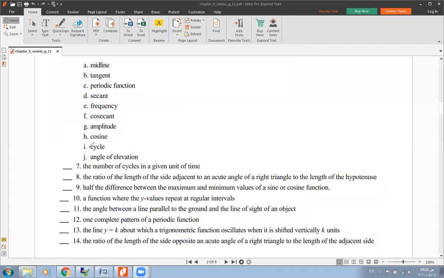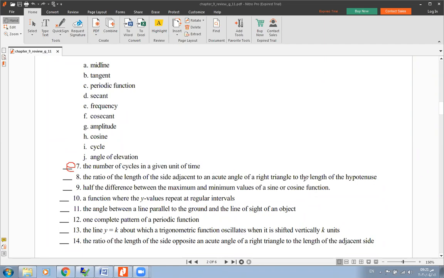Letter E, or the frequency. So the frequency is the number of cycles in a given unit of time.